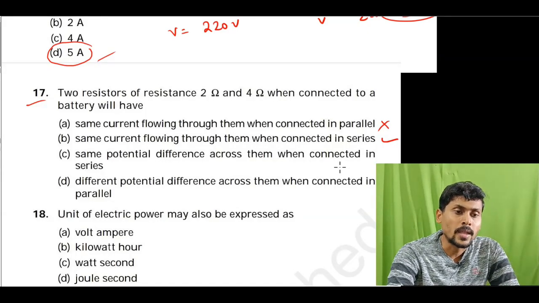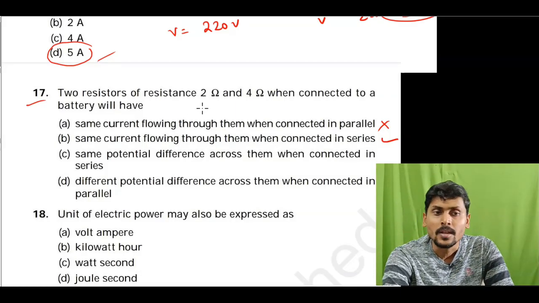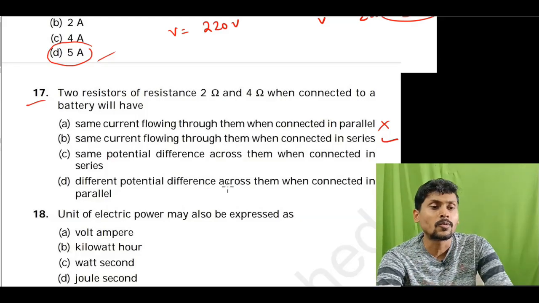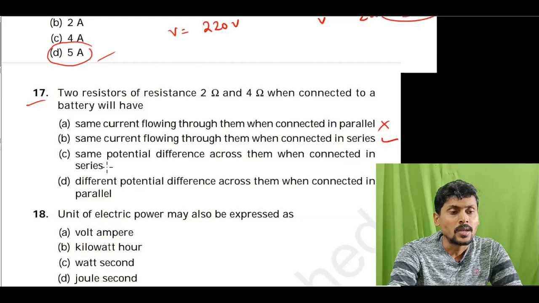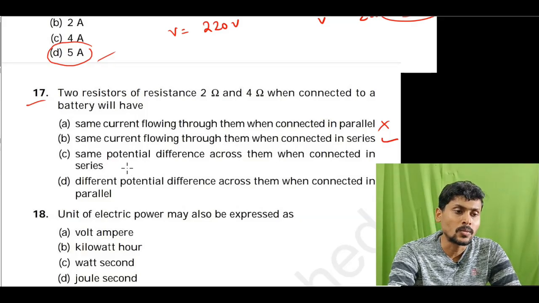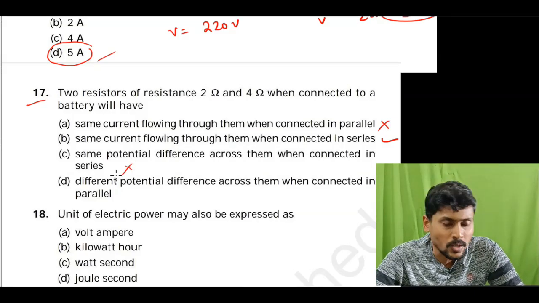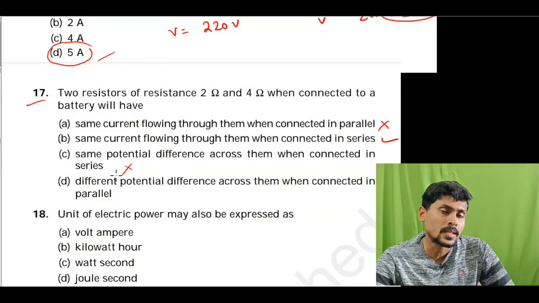So if you connect the 2 ohm resistor and the 4 ohm resistor in series across a battery, then the same current will flow through them when they are in series. Option C, same potential difference across them when connected in series. No, this is wrong, because in series combination current remains same, but the voltage gets divided.